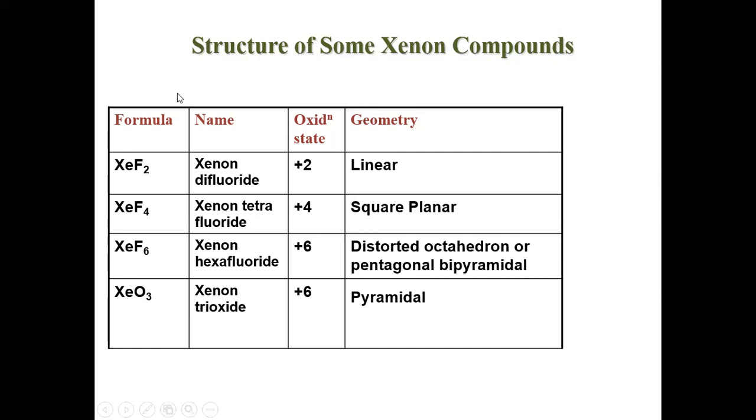Now the structures of the xenon compounds. Difluoride, linear shape; tetrafluoride, square planar; hexafluoride, pentagonal bipyramidal; and xenon trioxide is pyramidal shape.